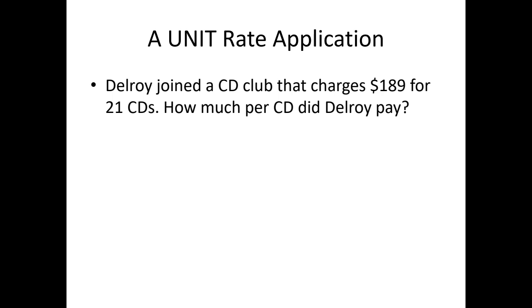Okay, now this one gets a little more interesting. Now it doesn't say unit rate in the actual words, but it is telling you. Delroy joined a CD club that charges $189 for.